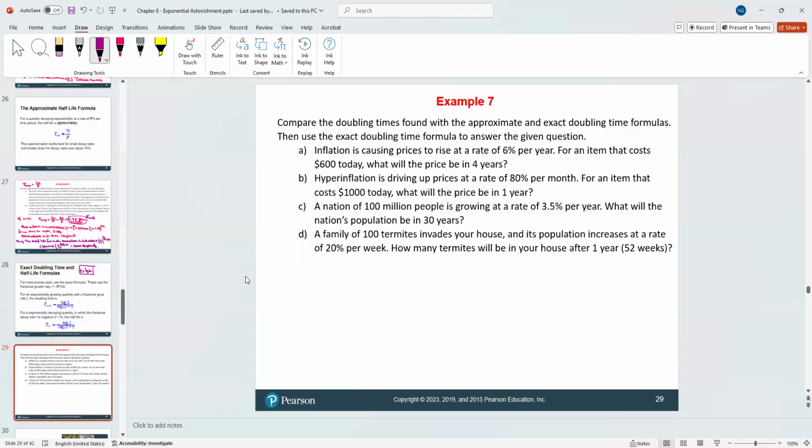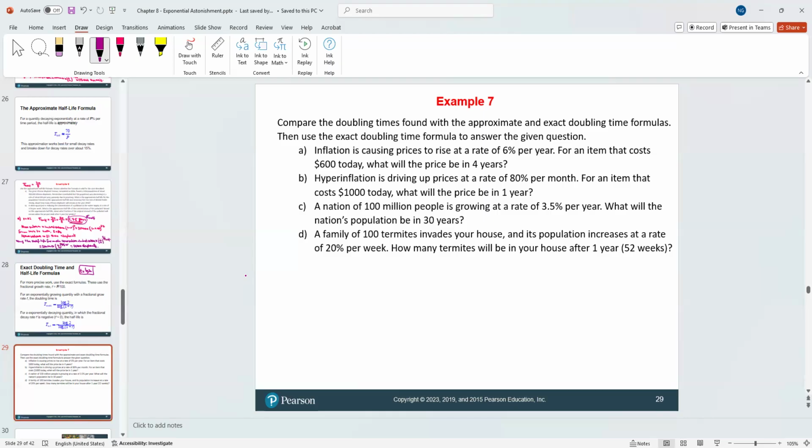We must go over again and make sure this is the correct one. Inflation is causing prices to rise at a rate of 6%. Because it said compare the doubling times found with the approximate and exact doubling time formulas. Then use the exact doubling time formula to answer the question.